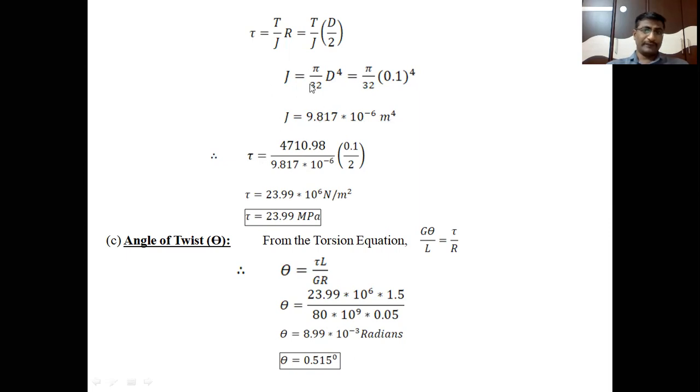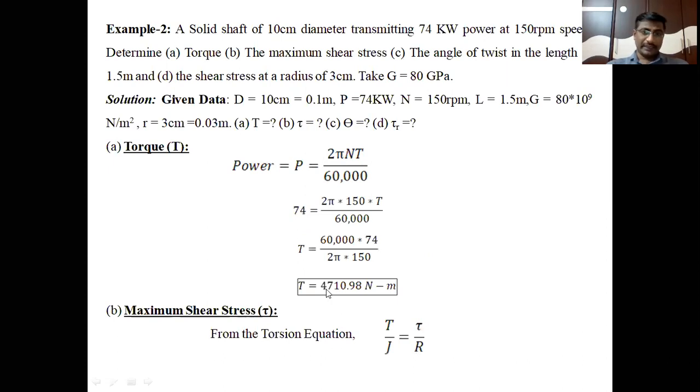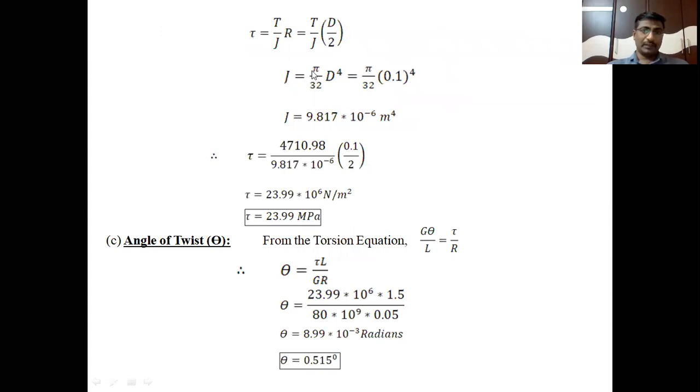Upon substitution of this in the shear stress equation, tau equals torque 4710.98 Newton meter, which we just calculated, divided by the polar moment of inertia 9.817 into 10 to the power of minus 6, and the radius is d by 2, that is 0.1 by 2. Upon calculation, we get 23.99 into 10 to the power of 6 newtons per meter square.